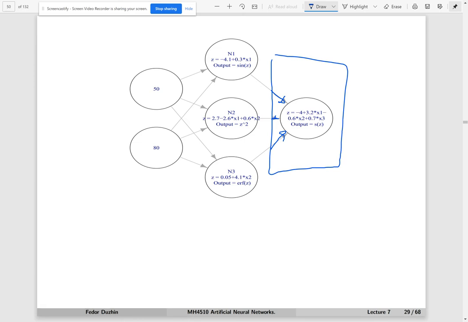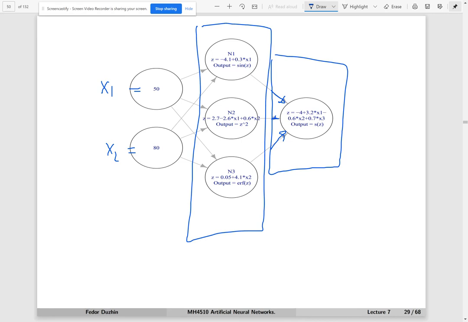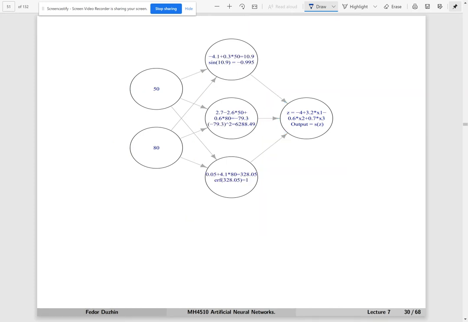Here is an example of how we calculate. If x1 is 50 and x2 is 80, the first thing that we do is compute the output of the hidden layer. First we substitute 50 as x1 and 80 as x2, and then we compute the result.